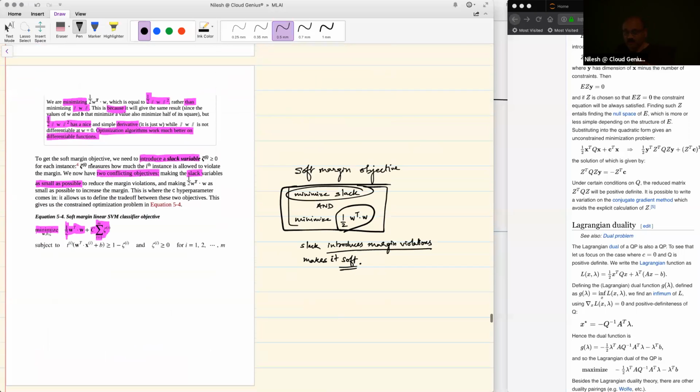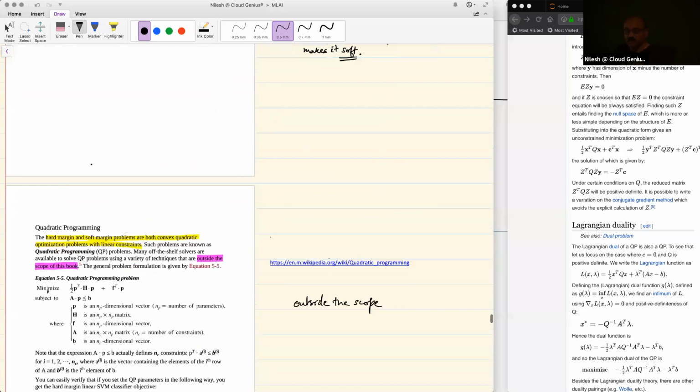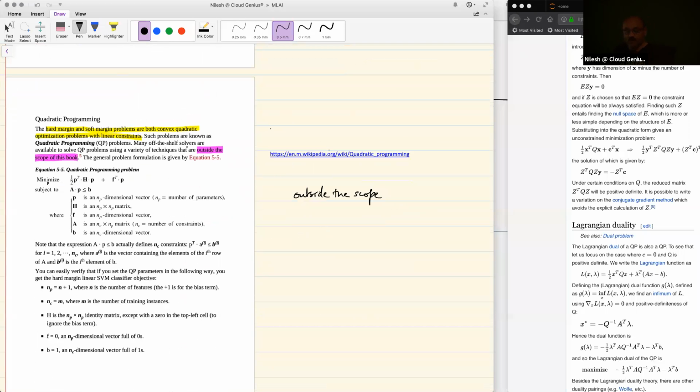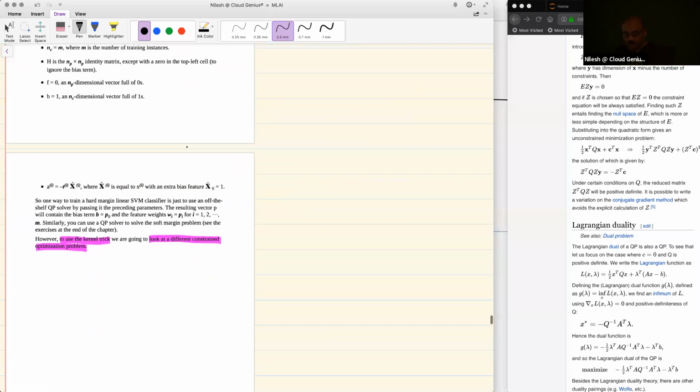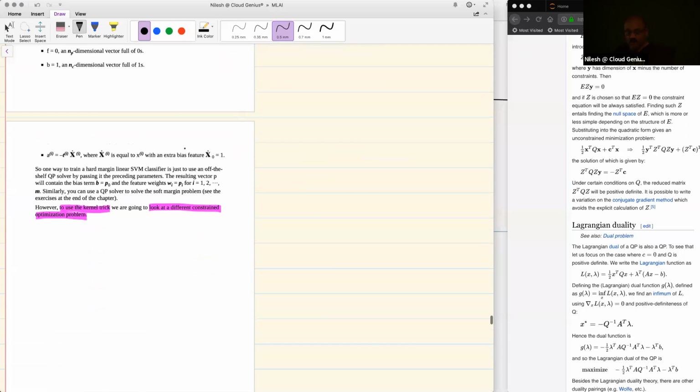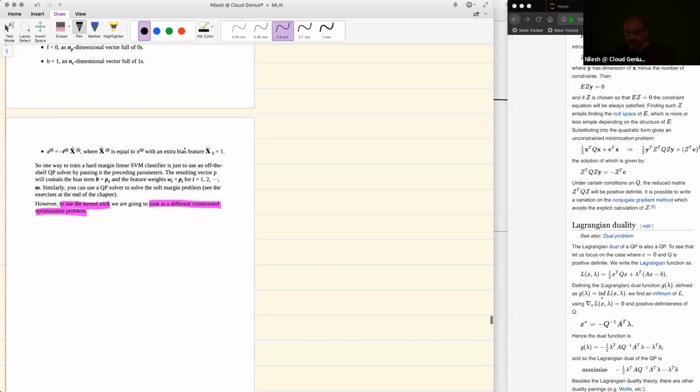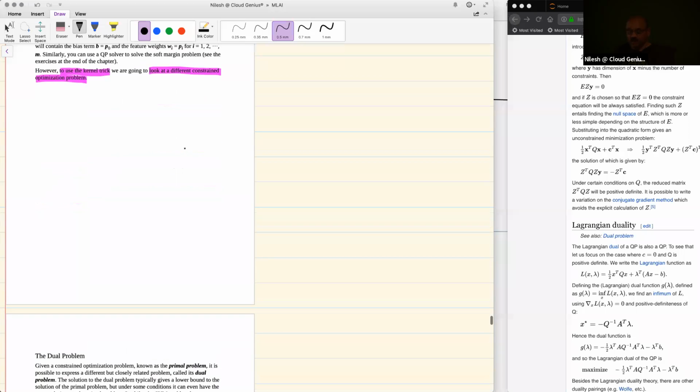These can be mathematically solved with a quadratic programming solver, which is what this equation is. You can run that using those solvers, and the solver will come up with the actual expected answers. That's what scikit-learn is, by the way, doing under the hood.